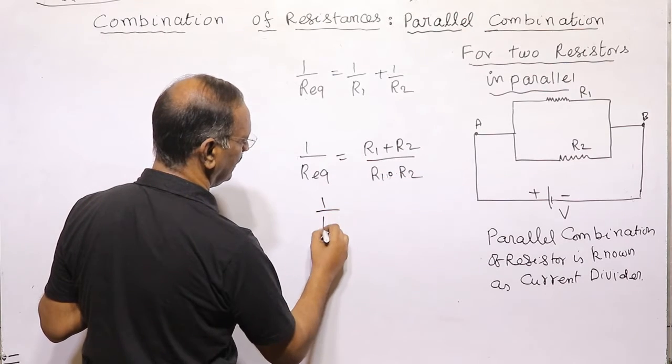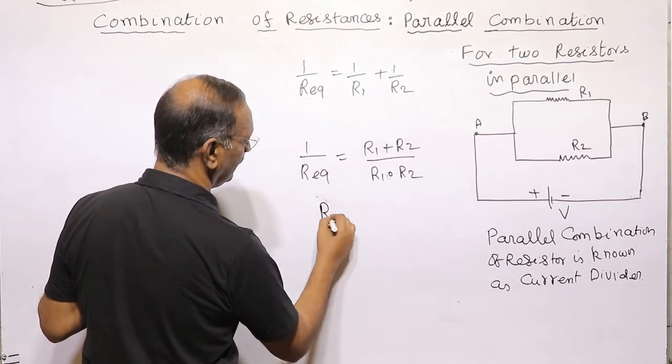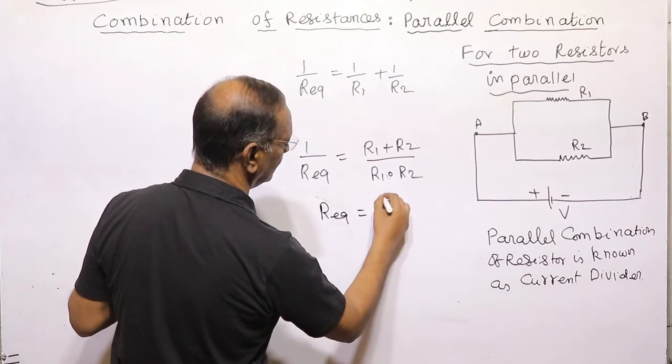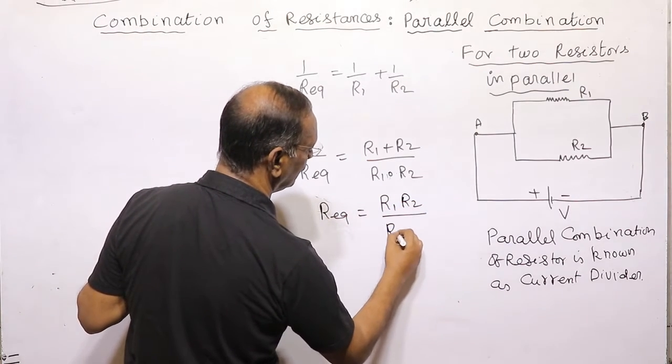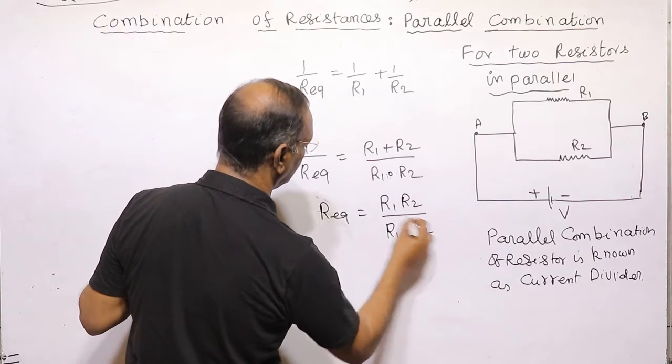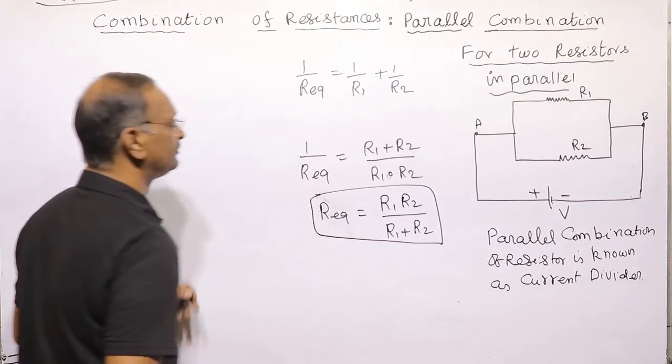So R equivalent is equal to R1 into R2 divided by R1 plus R2. This we have already seen in the lower classes.